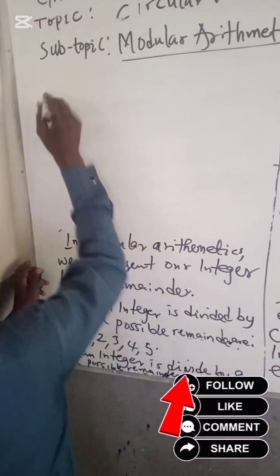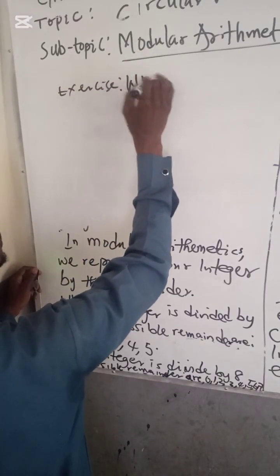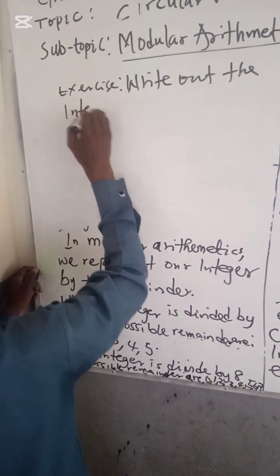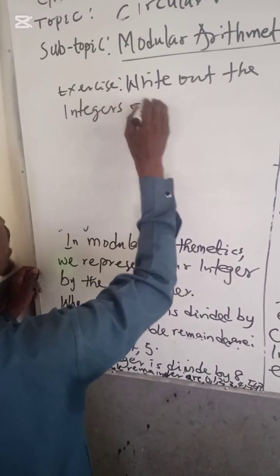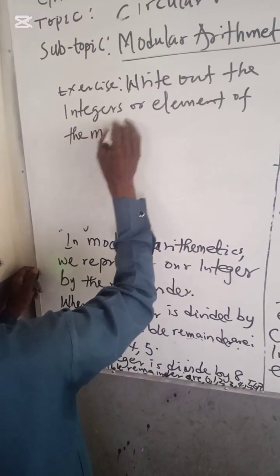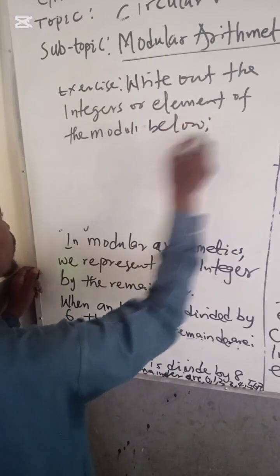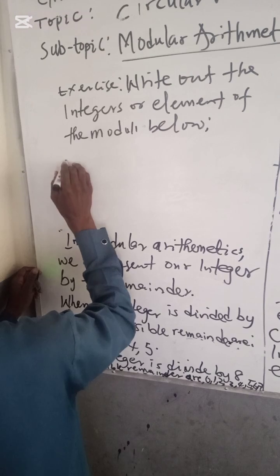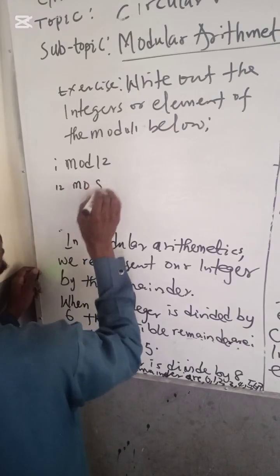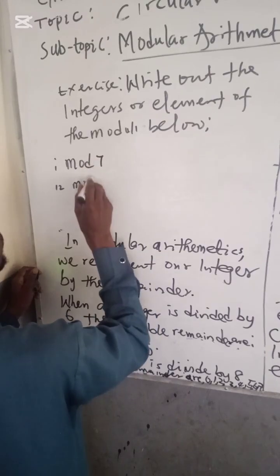Exercise: write out the integers or elements of the moduli below. Mod 12, mod 8, mod 7, then mod 12.